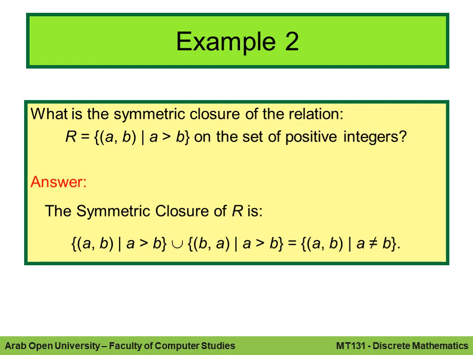Take the union of that with the inverse, so you're taking all (b, a) where the second element is larger than the first element. The result will give you the symmetric closure. But that's just all the ordered pairs (a, b), with the exception where a is equal to b. You're taking everything (a, b) where either a is larger than b or b is larger than a. And that will give you the symmetric closure of the original relation.